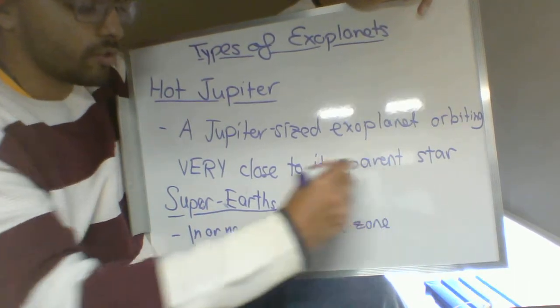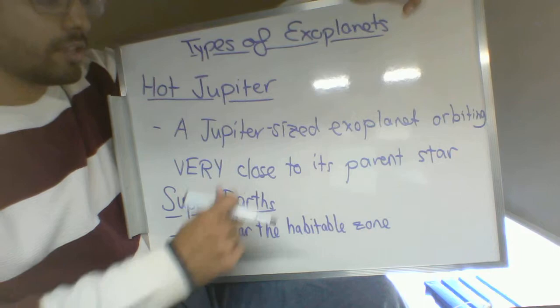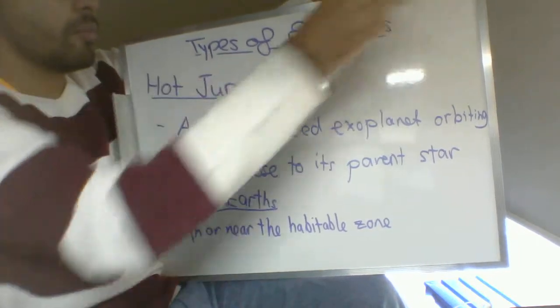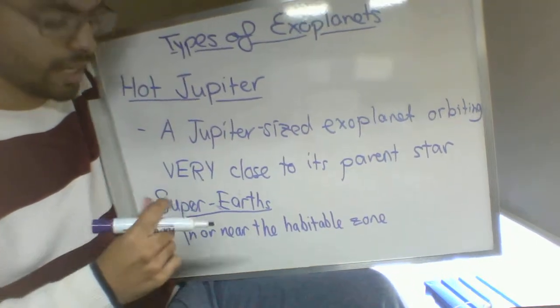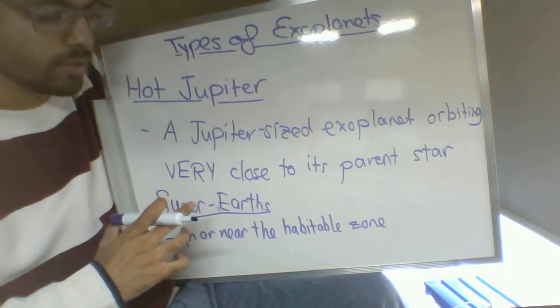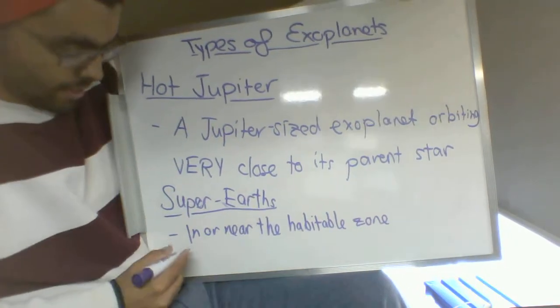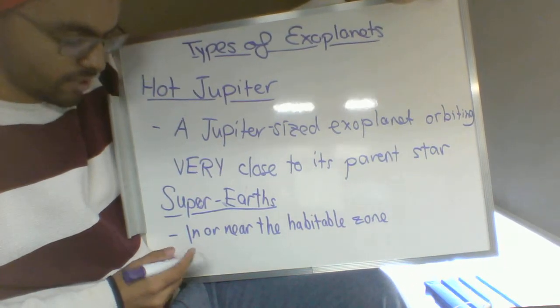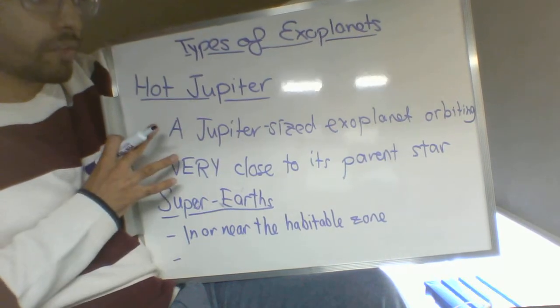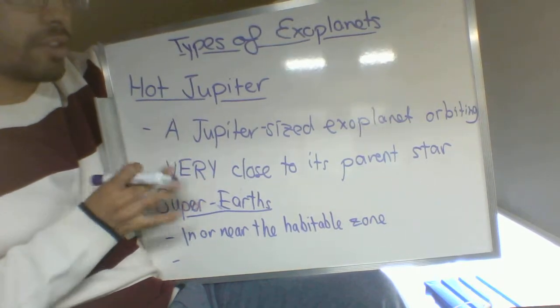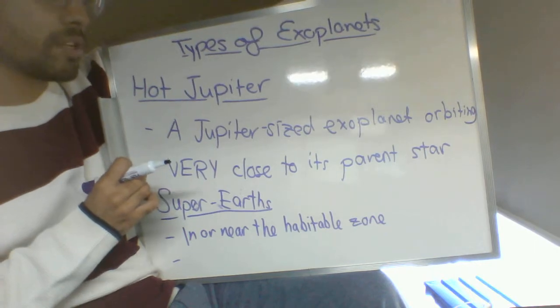Not all super-Earths will necessarily fit this criterion, but this is for the ones that we're interested in. They should be in or near the habitable zone. But the key thing with them is based on their size. So both of these are based kind of on size, but also kind of on position.